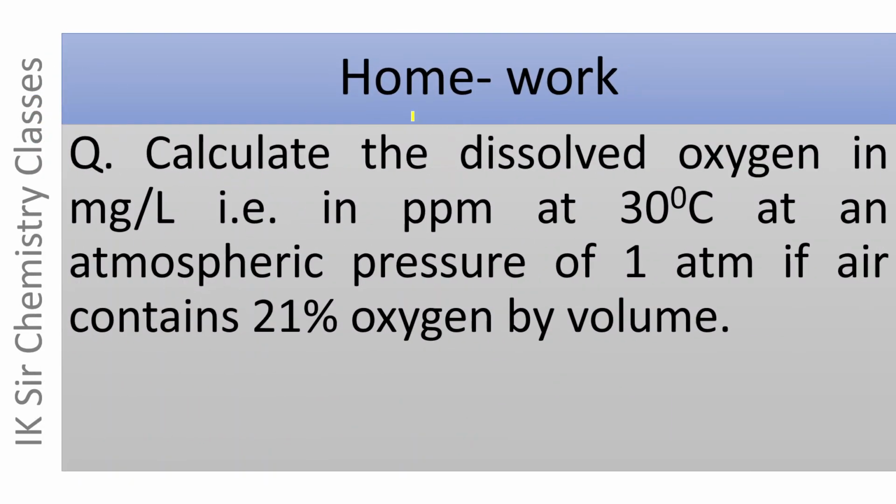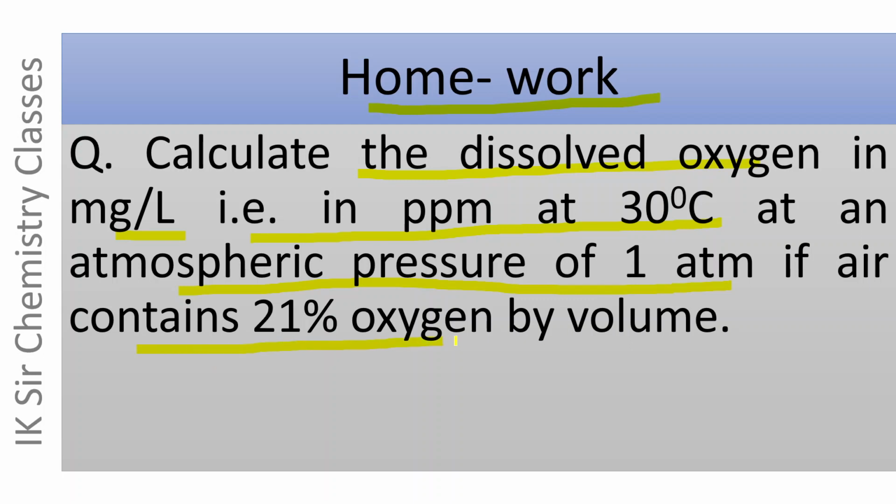And now the time for homework. On the basis of previous discussions, you can solve this homework easily. Calculate the dissolved oxygen in milligram per liter, that is in ppm, at 30 degrees centigrade at an atmospheric pressure of 1 atm if air contains 21% O2 by volume.